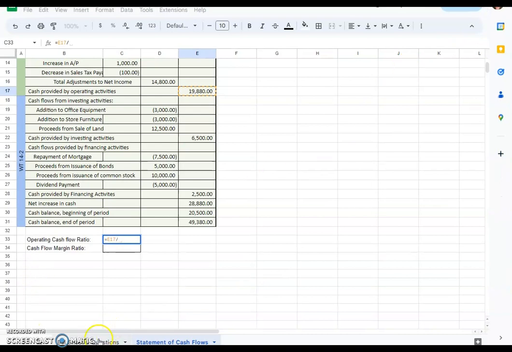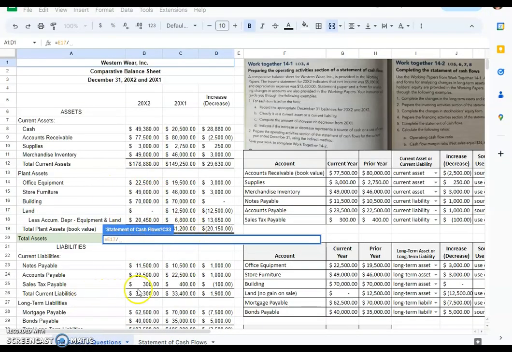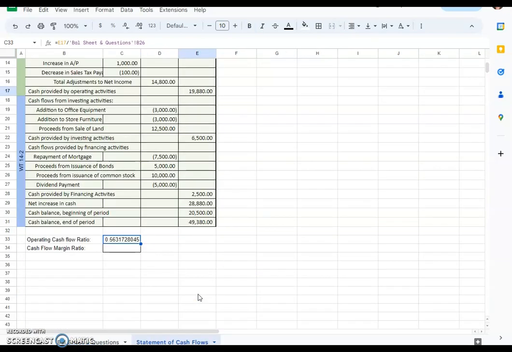Oh, here it is. Okay. Current liabilities is $35,300. Enter. Okay. And so that's 0.56. Probably don't need that many decimal places. 2 would probably do.